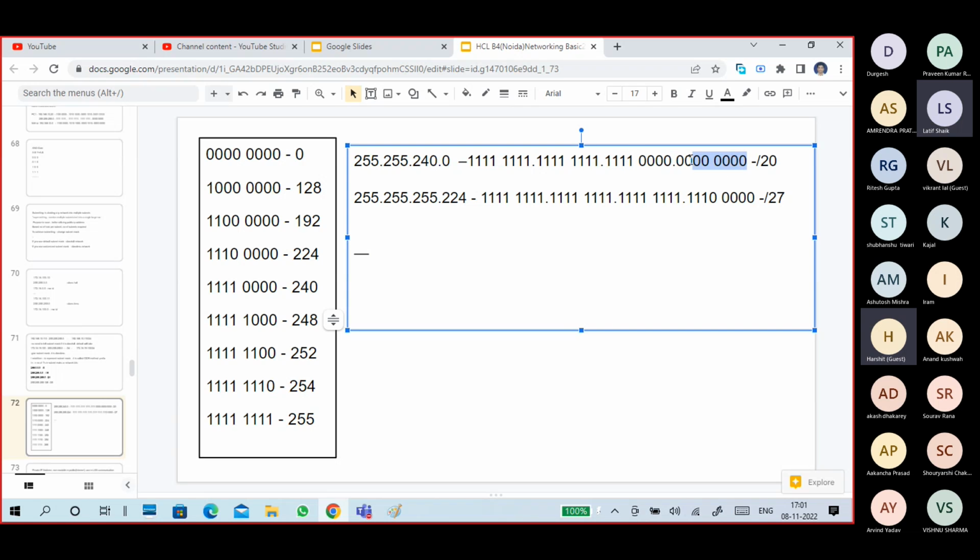In this one, it is more, you can see. How many zeros do we have to count? 8 zeros, 9, 10, 11, 12.